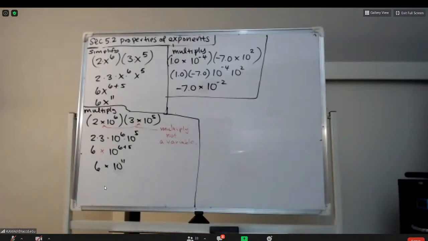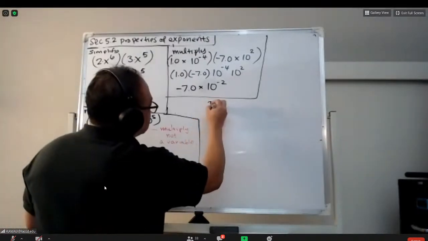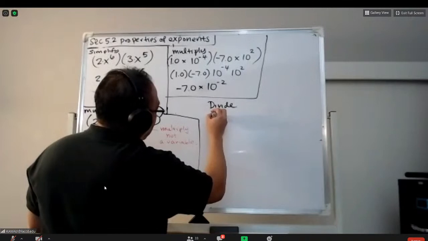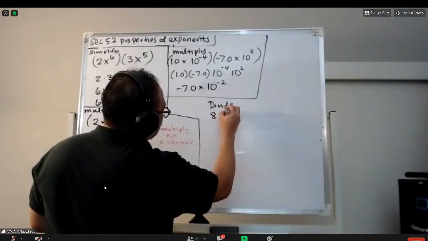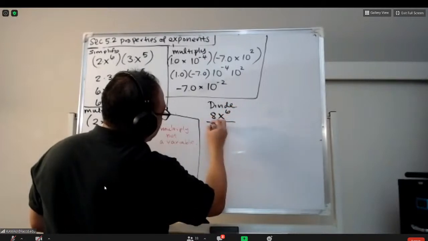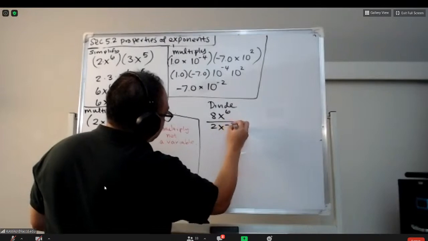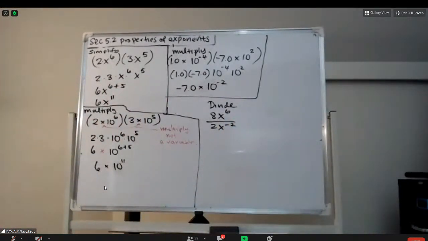Okay. Now let's do division. Let's do something like 8x to the 6 over 2x to the negative 2. Let's try doing that problem. In that case, those x's are variables.